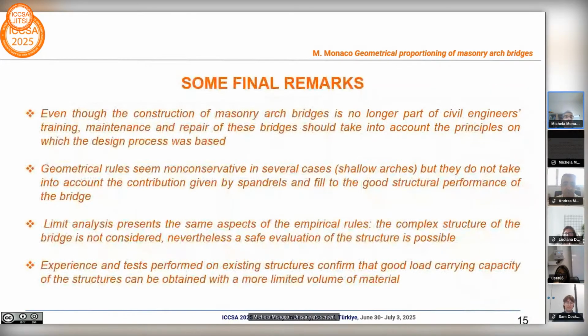So even though the construction of masonry arch bridges is not part of our students' training, nevertheless it is necessary to make interventions of maintenance and repair, and so the principles and the criteria on which the design process was based have to be known to an engineer, to a practitioner.